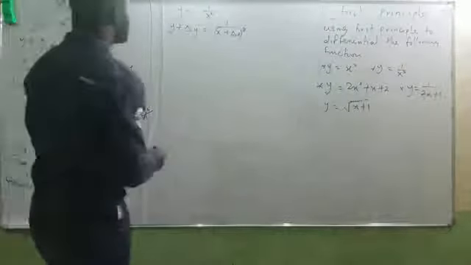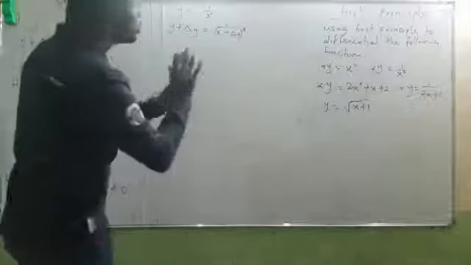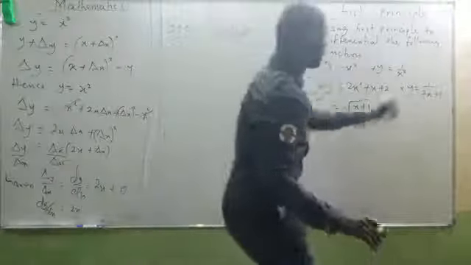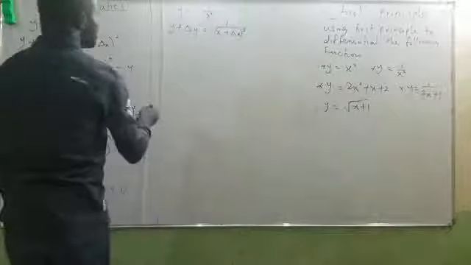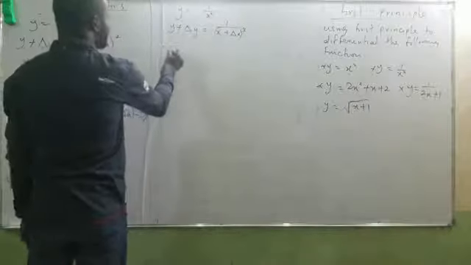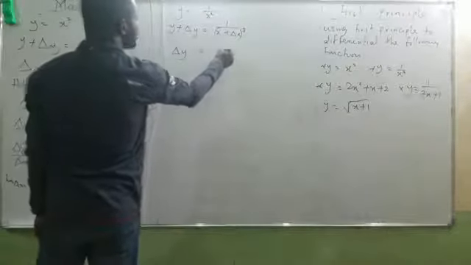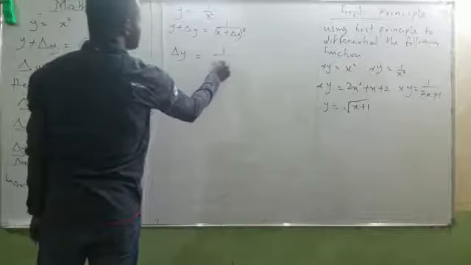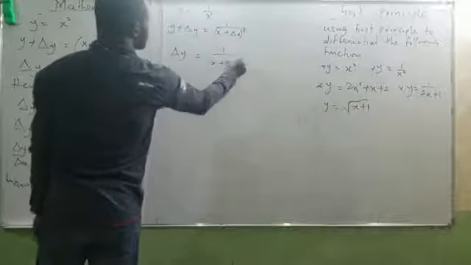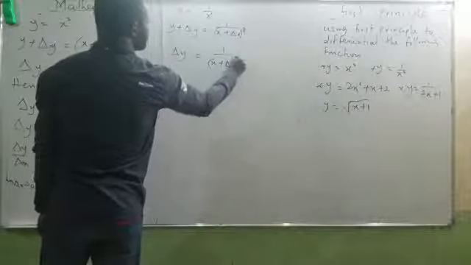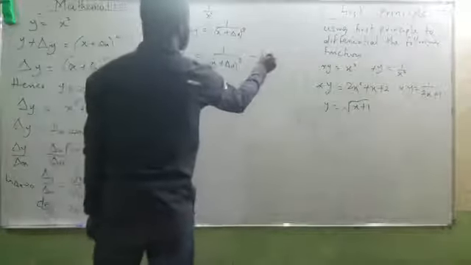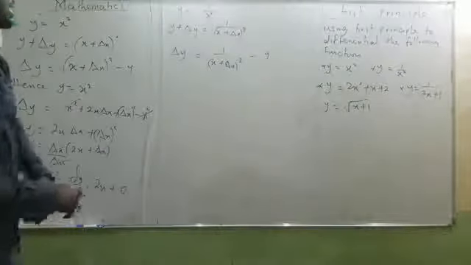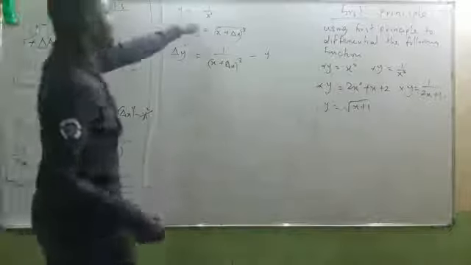Now, whenever you have something like this, what will you do to sort out this thing? If I were you, I will just have my delta y. Delta y equals 1 divided by x plus delta x all cubed, minus y. Now, the next thing I can do, my y is equal to this.